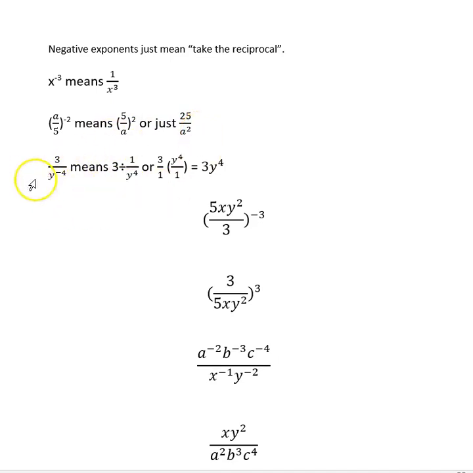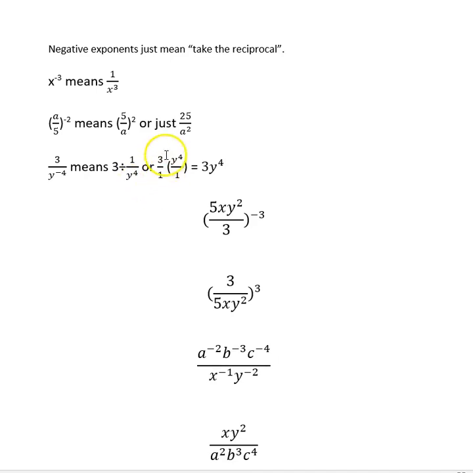Here we have a fraction which only has that negative power in the denominator. There are two ways we can look at this. We can take the actual meaning, which means 3 divided by y to the negative fourth, or 3 divided by 1 over y to the fourth. Well, now it's just a division problem involving fractions.